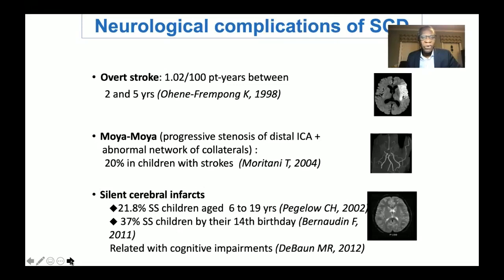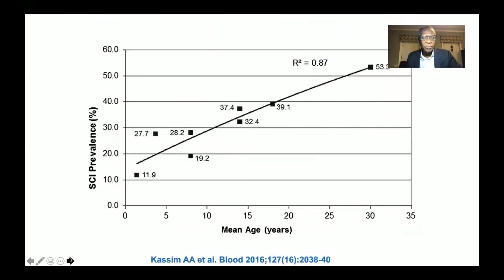Silent cerebral infarcts, in which there is infarction but no signs of overt stroke, occur in over 20% of children aged 6 to 19 years. And 37% of SS children show evidence of silent cerebral infarcts by the age of 14. And these are associated with significant cognitive impairments.